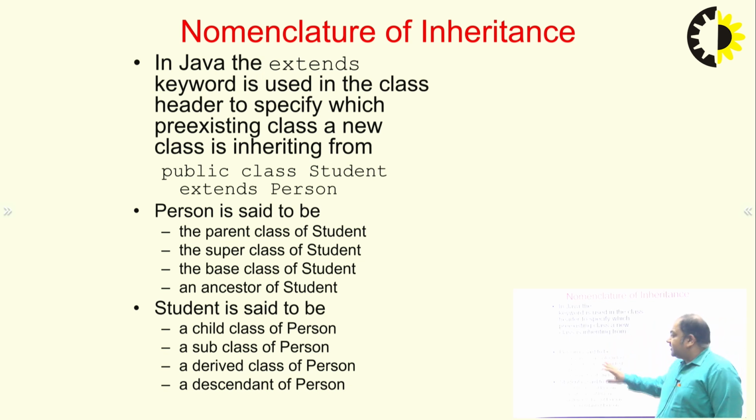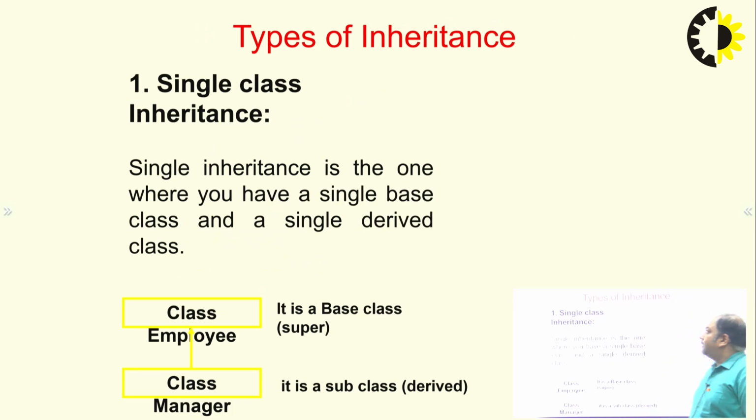Person is said to be the parent class of Student, super class of Student, base class of Student, or an ancestor of Student. And Student is said to be a child class of Person, subclass of Person, derived class of Person, or a descendant of Person. As I told earlier, it is shown through the keyword extends. Now there are 5 types of inheritance.